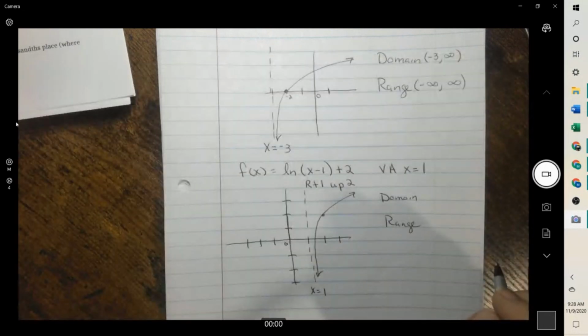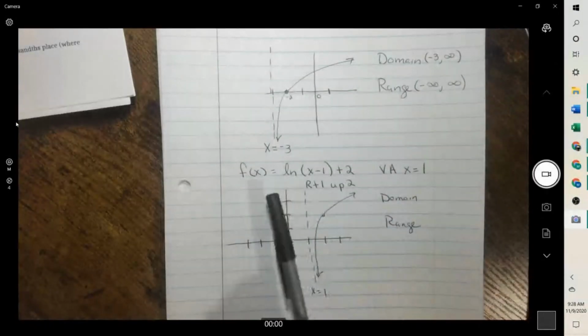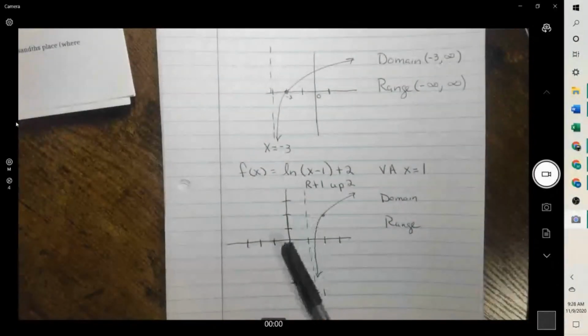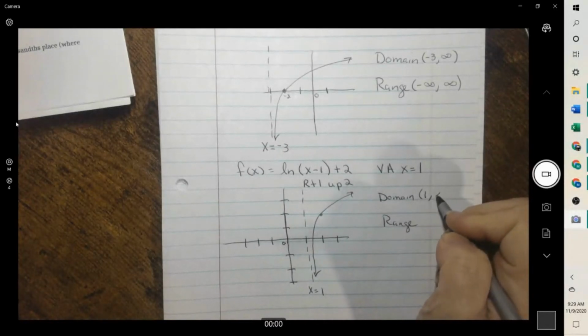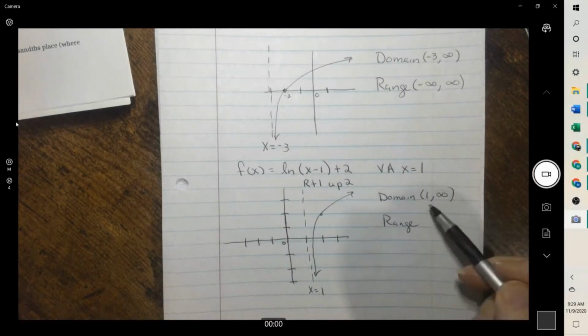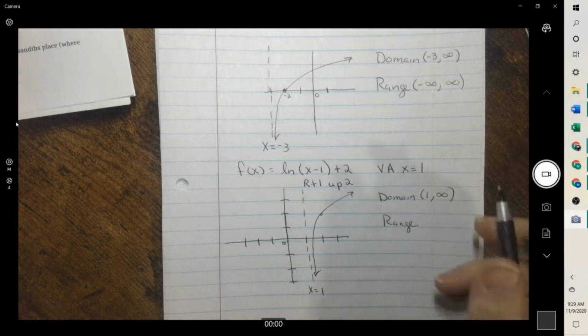Any questions on that? Domain, there's nothing on the graph until 1. So it goes, but not at 1, right after. So it goes from 1 to infinity, but not including it.